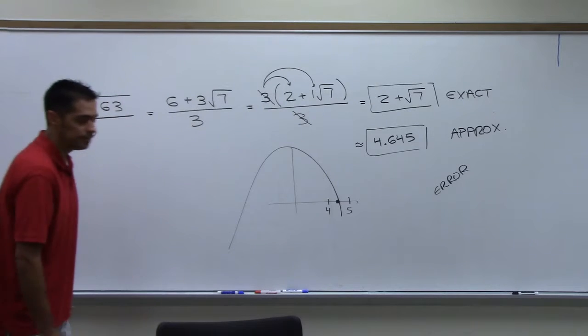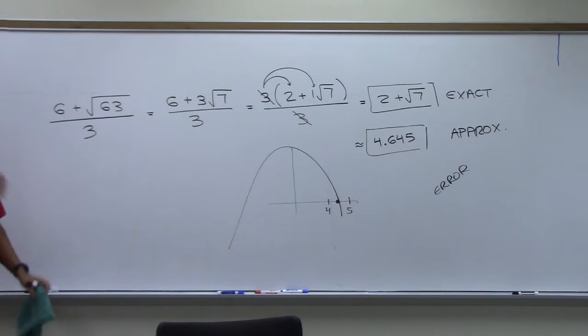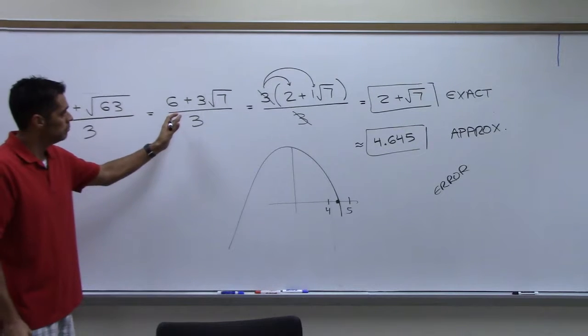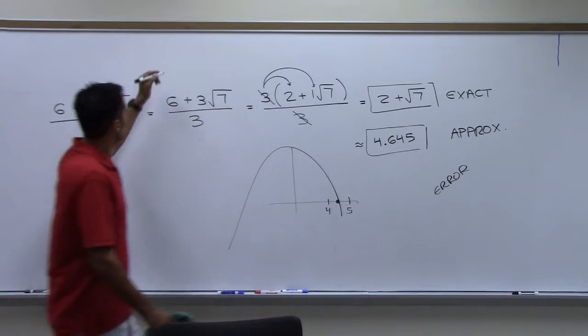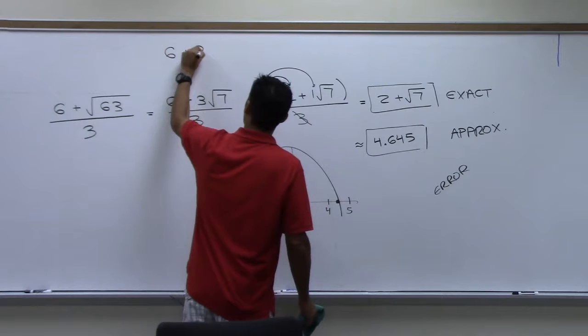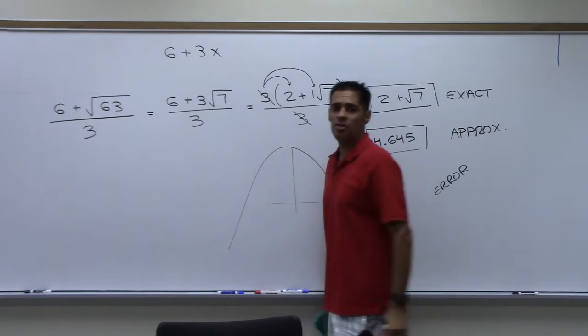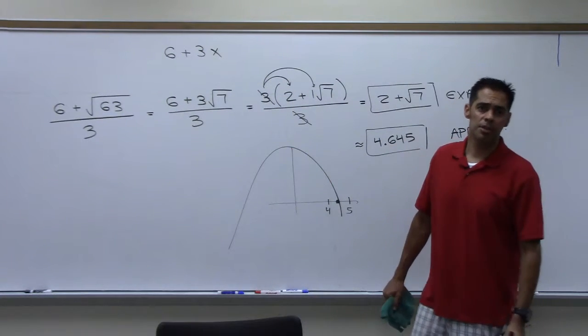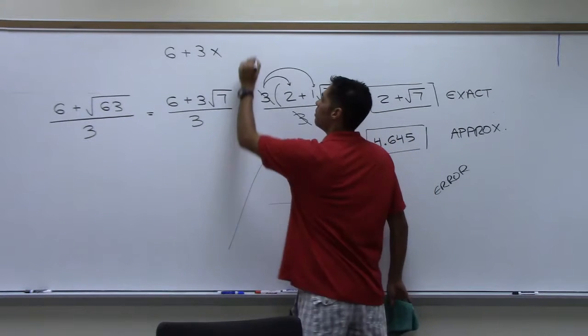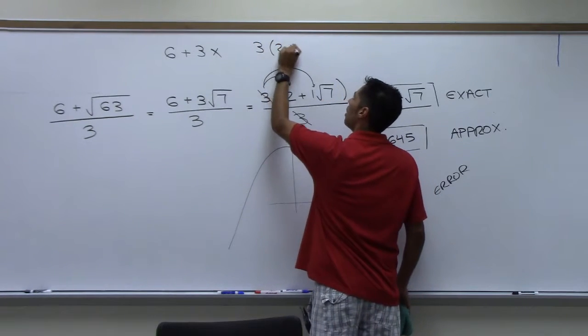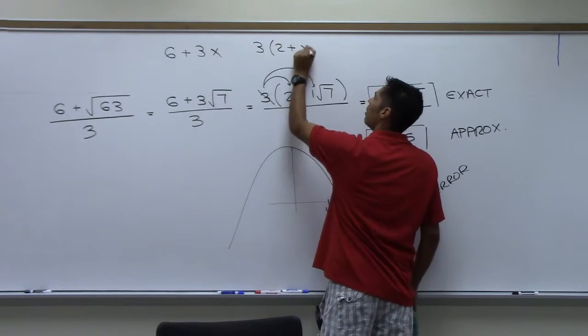All right. Yes? How did you get from 6 plus 3 square root 7 to the third step? Okay, so look, what if I wrote this down? 6 plus 3x. Can you pull a GCF? Yes. GCF would be 3? Yes. And you'd write 3, and then you'd write 2 plus what? X, right?